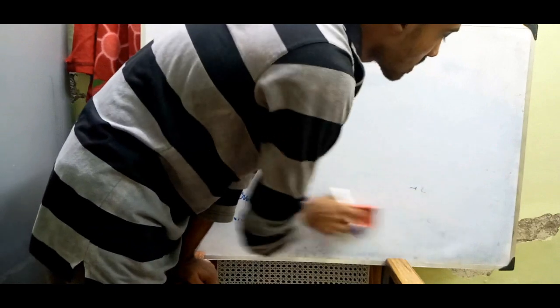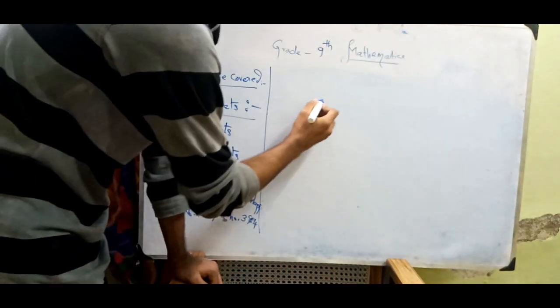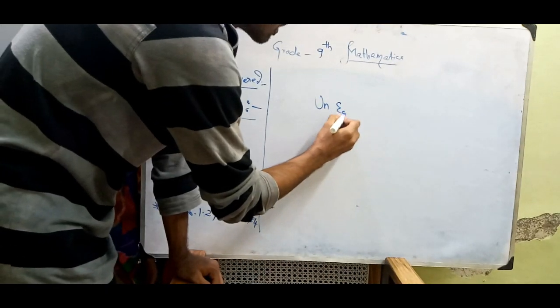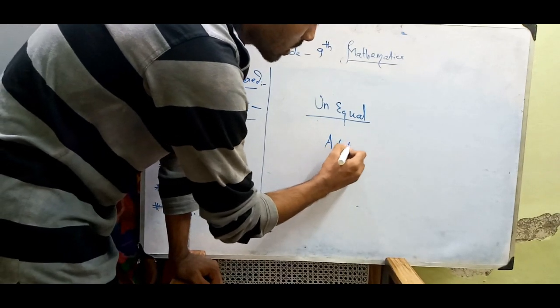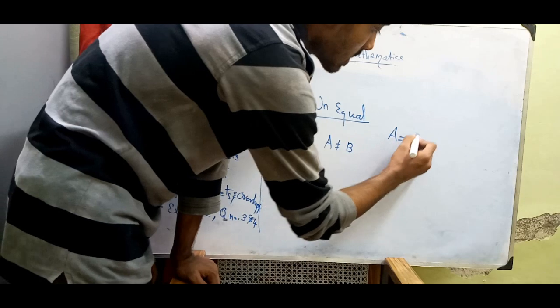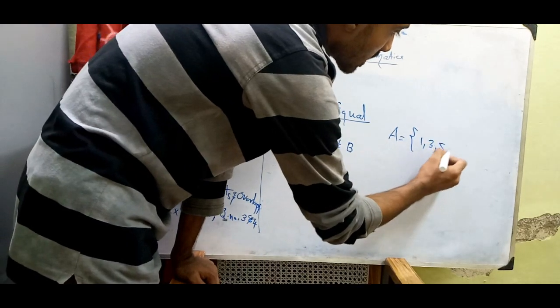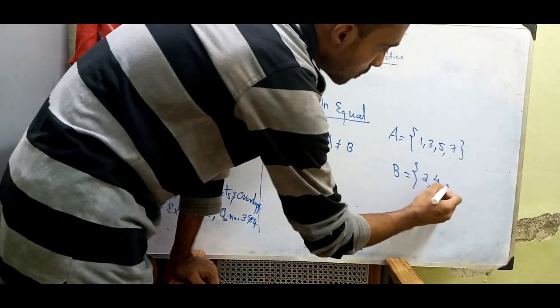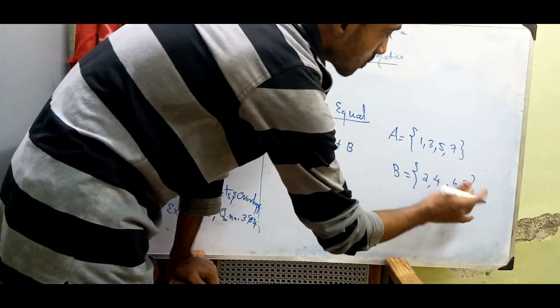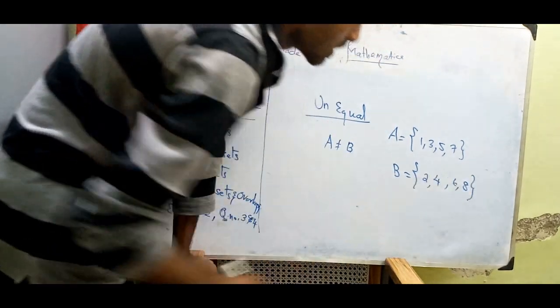And unequal sets are the opposite of that: sets which are not equal. That means A is not equal to B, where A is {1, 3, 5, 7} and B is {2, 4, 6, 8}.